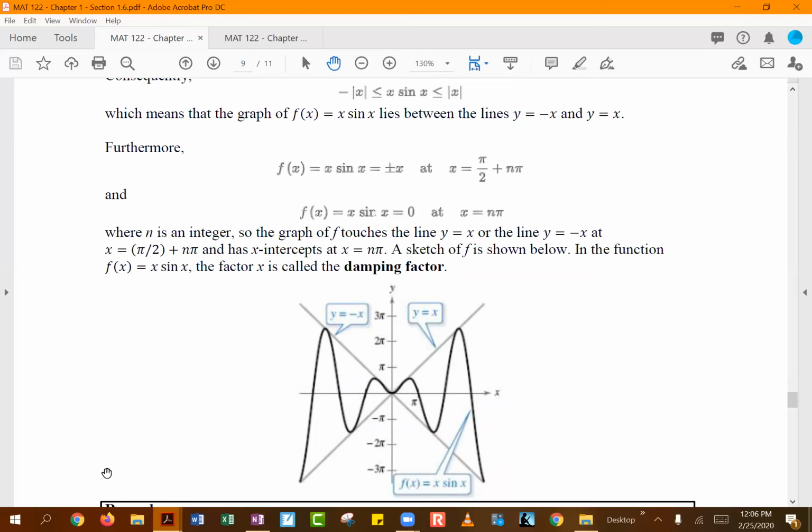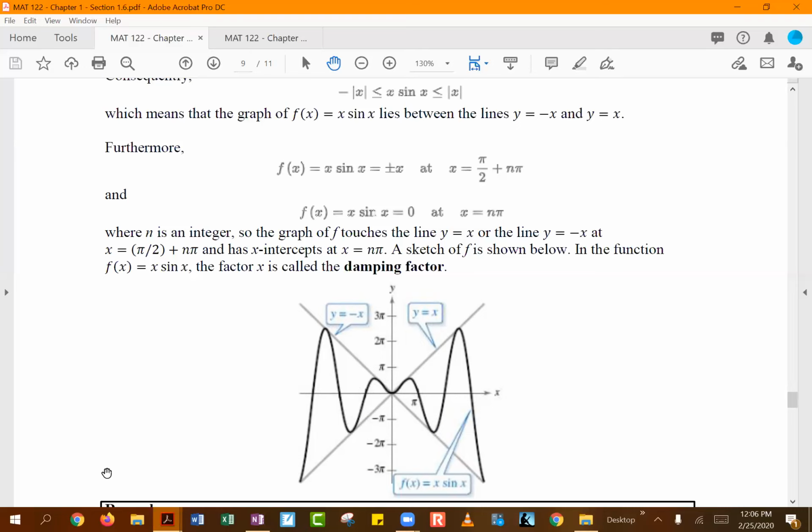And then, of course, we know that sine of x is going to be 0 at pi halves and multiples of pi halves. So that's what they're saying. At those values, you are going to have, no, wait, hold on.